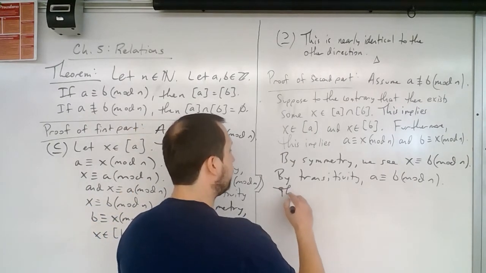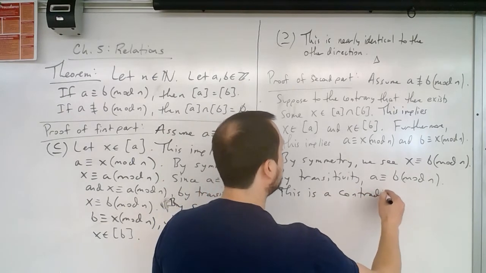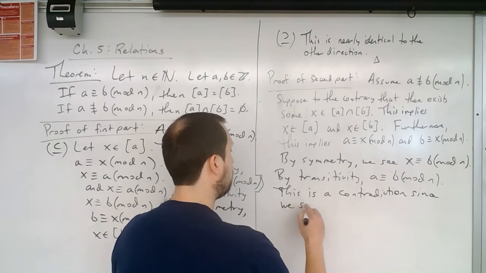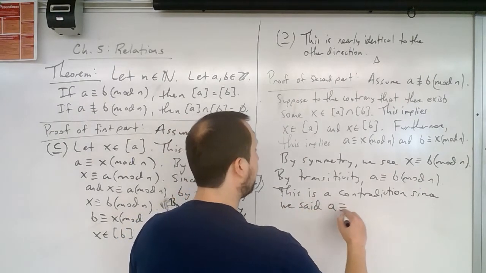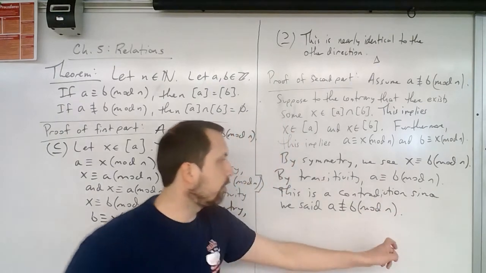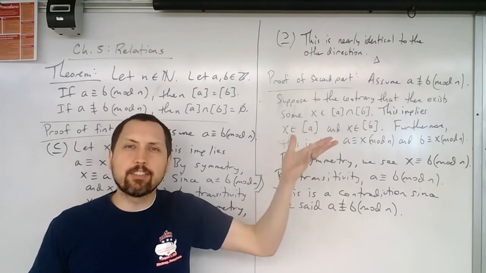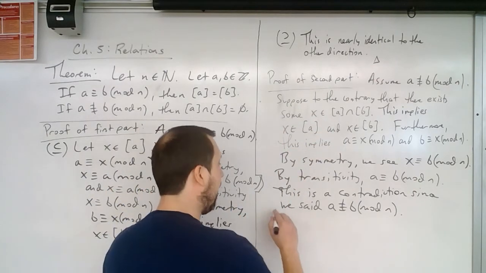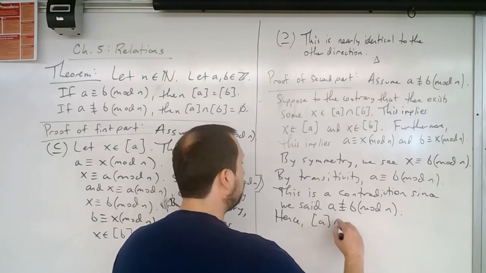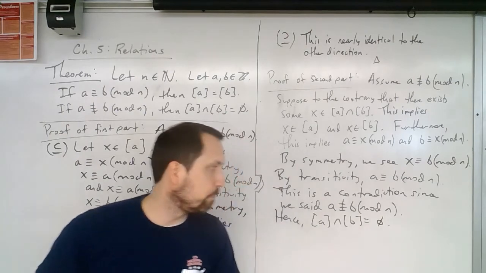So this is a contradiction, since we said that A is not equivalent to B mod n. So if it's a contradiction, what that means is that there is no element X that exists, that X doesn't make sense. So hence, the intersection of these two equivalence classes is the empty set.